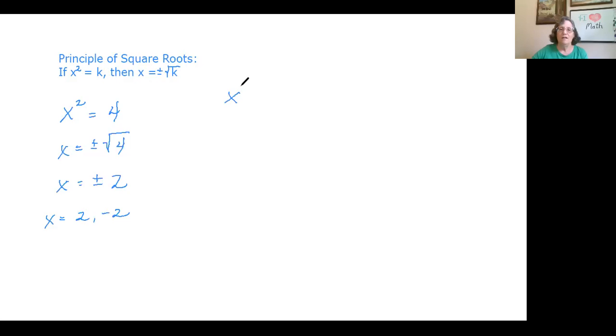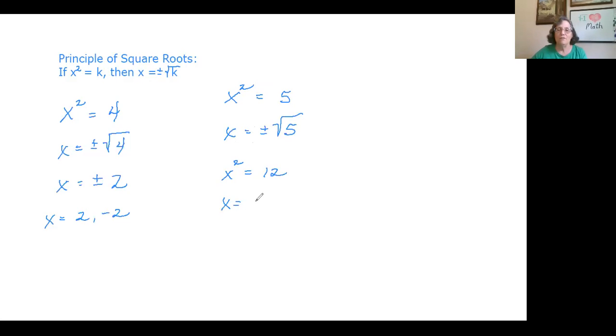If I had x squared equals 5, then I could say, well, x is going to equal plus or minus the square root of 5, and that one won't even reduce, so that's done. What about x squared equals 12?